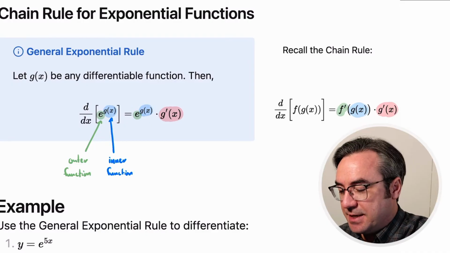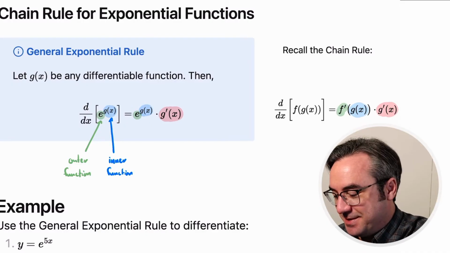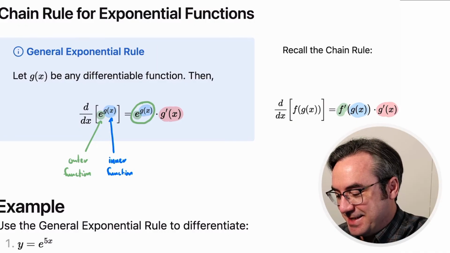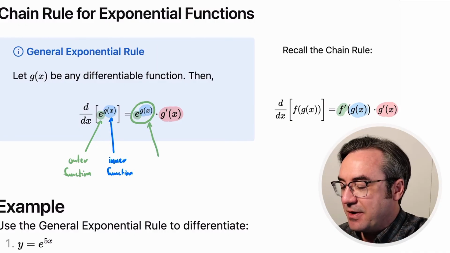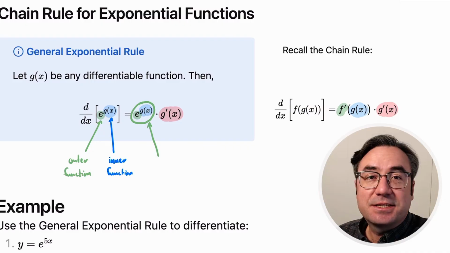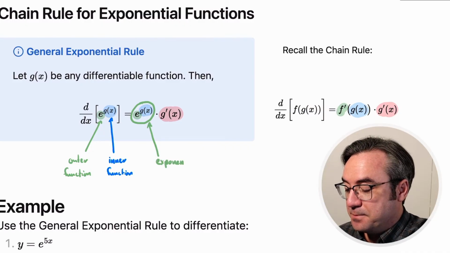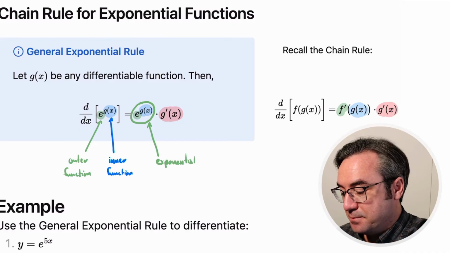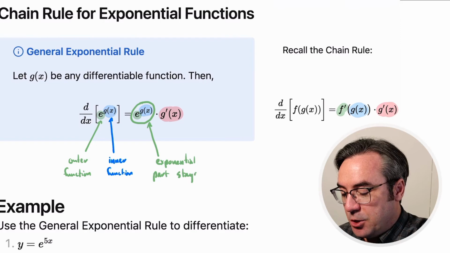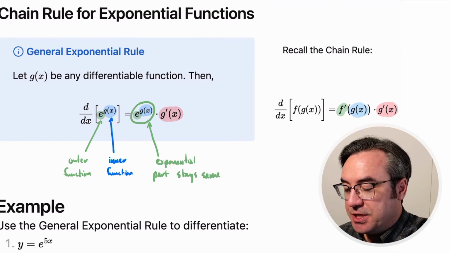Actually, let's make that green. That's the derivative of our outer function. So that's going to stay exactly the same. You don't make any change to the exponent.